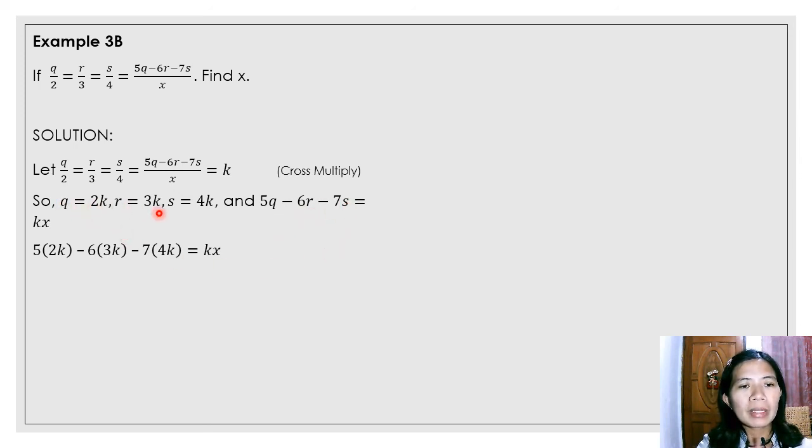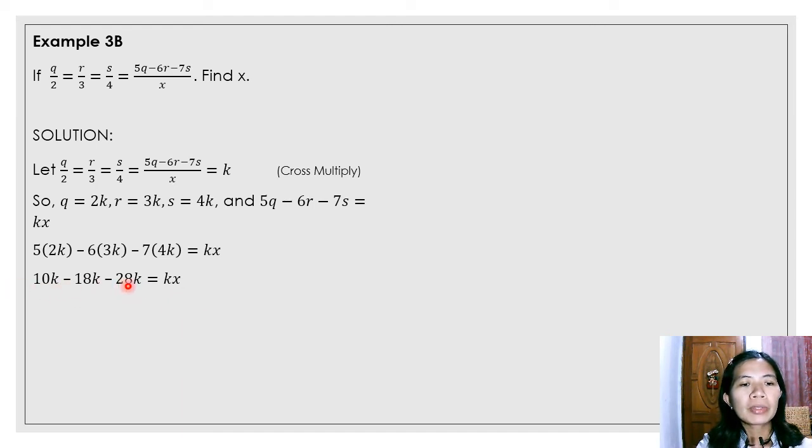What is the value of q? q equals 2k. The value of r is 3k and the value of s is 4k. So we have 5 times 2k minus 6 times 3k minus 7 times 4k equals kx. Then simplify: 5 times 2 is 10, minus 6 times 3 is minus 18, minus 7 times 4 is minus 28, equals kx.